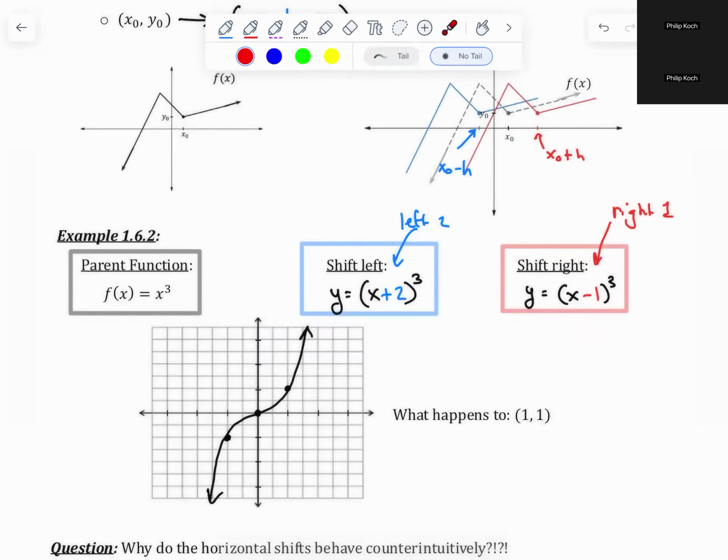So the point 1, 1 gets shifted 2 units left to -1, 1. 0, 0 gets shifted to -2, 0. And -1, -1 gets shifted to -3, -1. But it's the same shape.